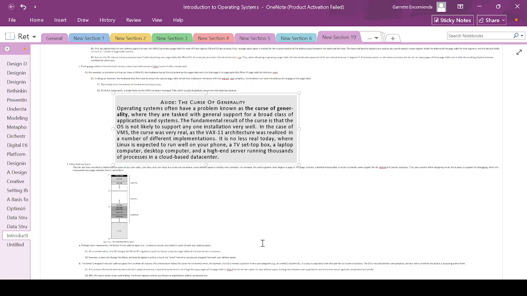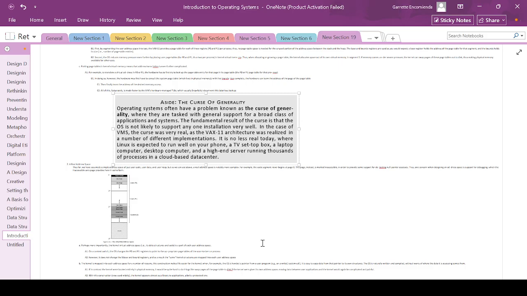In the case of VMS, the curse was very real, as the VAX-11 architecture was realized in a number of different implementations. It's no less real today, where Linux is expected to run well on your phone, a TV set-top box, a laptop computer, a desktop computer, and a high-end server running thousands of processes in a cloud-based data center.